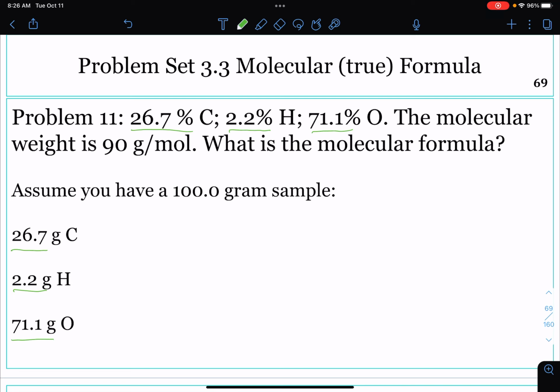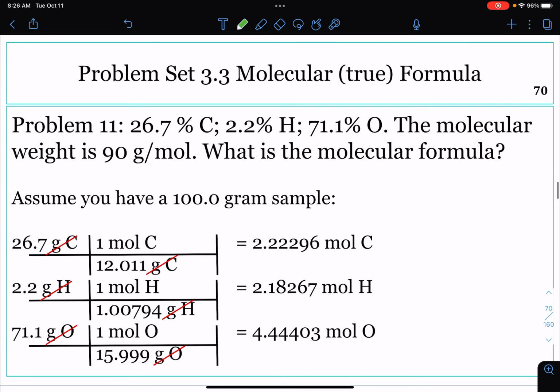Make sure that your percentages equal 100, so that when you have a 100-gram sample, all of your gram amounts equal 100. First step is to convert mass to moles using their respective molar masses. Pause and work this out before seeing the answer.